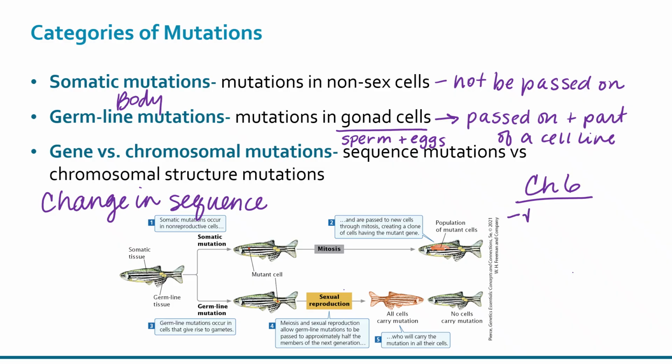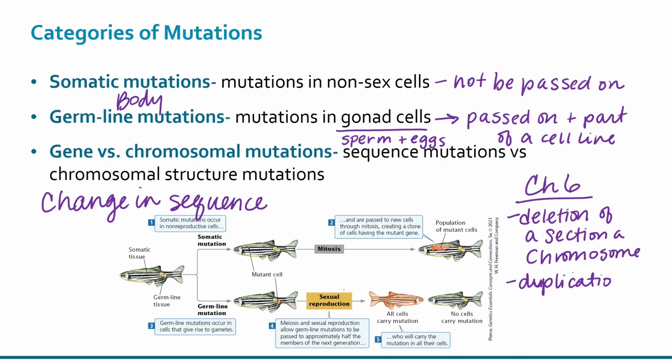We talked about things like deletion of a piece of chromosome or a section of a chromosome. Likewise, we talked about duplication, inversion, translocation, and also a couple other things like fragile sites and expanding repeats, things like that.